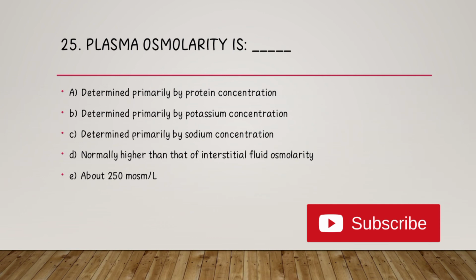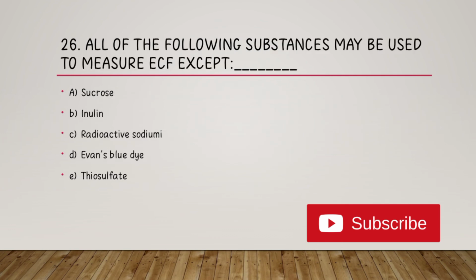E, about 250 milliosmol per liter. So the answer here is C, determined primarily by sodium concentration. Why? Because sodium is the main ion in the plasma compartment.